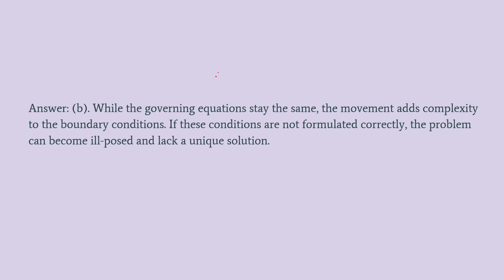So when the boundary is moving, the variation of flow property due to the moving boundary should be reflected in the well-posedness. For that, we have to model the moving boundary conditions precisely to get a unique solution.